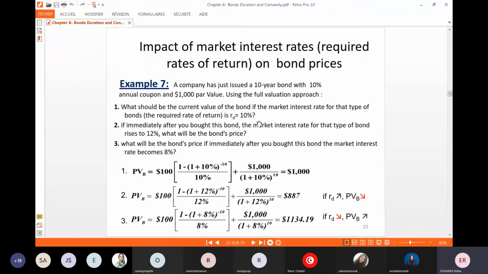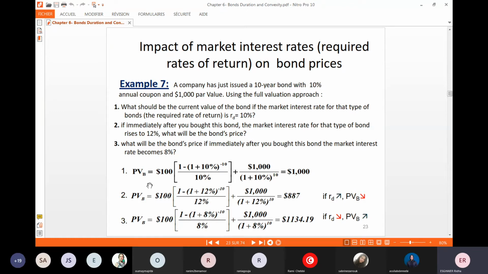But suppose now immediately after you bought this bond, the market interest rate for the type of bond rises to 12%. What will happen to the value of the bond? Of course, if RD increases, the value of the bond will decrease. البوند اللي شريتها ب 1000 ولات تسوى كان 887 دولار. علاش؟ To compete with the new issued bond. خاطر النيو issued bond وقتها باش يوليو يعطيو 12%, كما قلنا احنا اللي the companies try to issue bonds ديما at par.